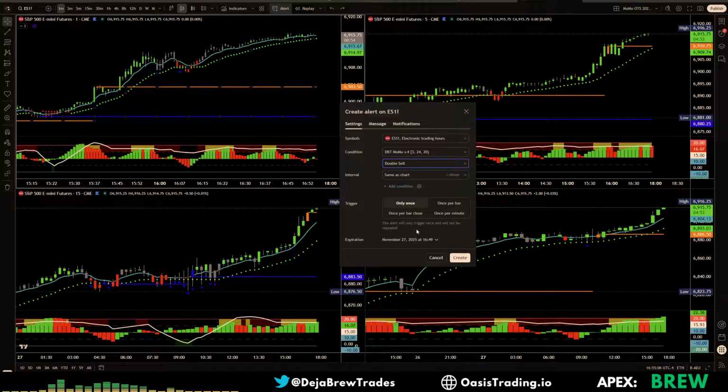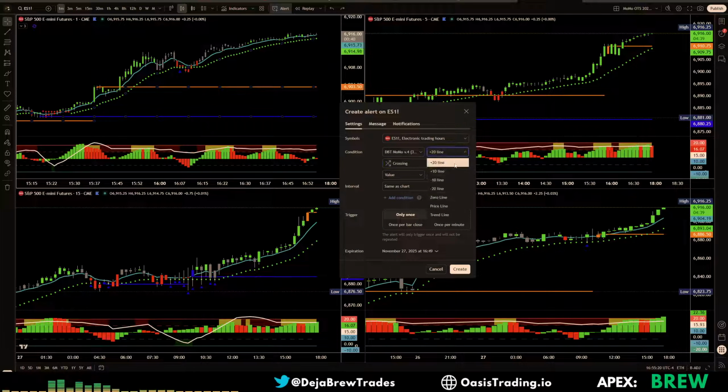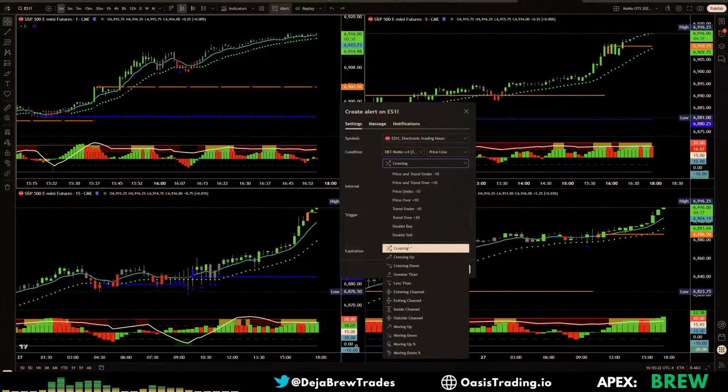And the double sell is the gold shading. That's the old way we used to talk about those. That's why they're called double buy, double sell. But yeah, so you can either choose crossing and put it in manually, or you can choose the built-in alerts on the Momo. Both of them will work.